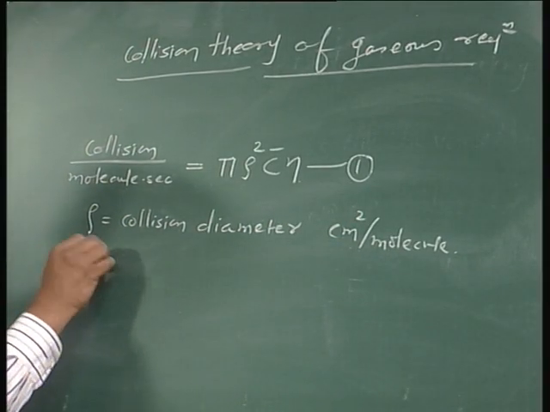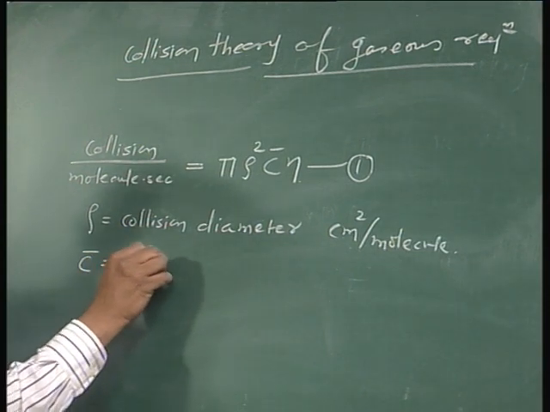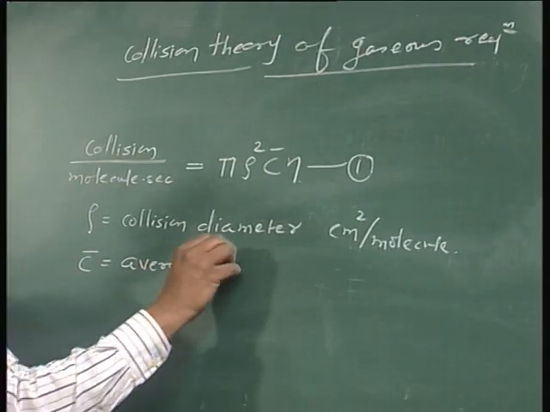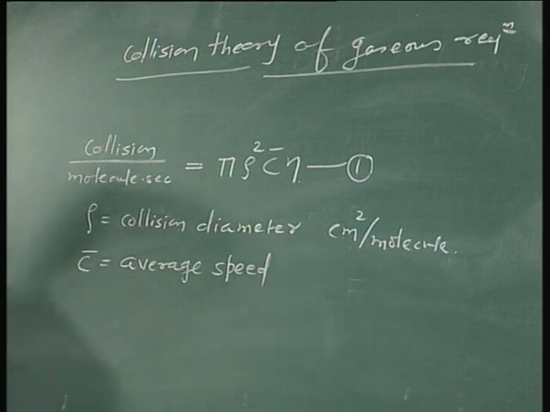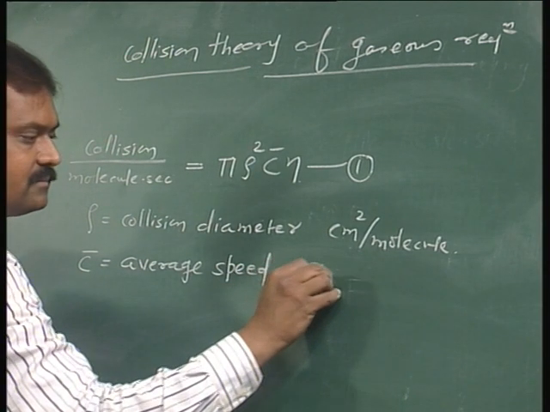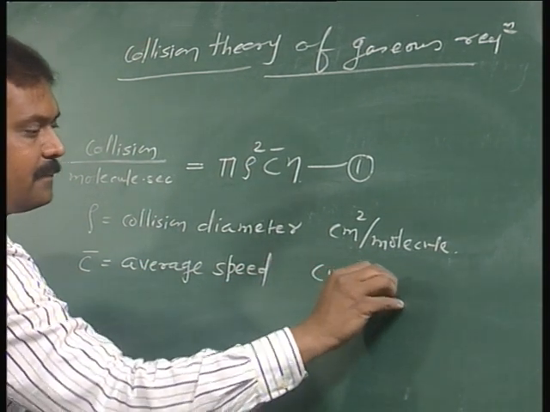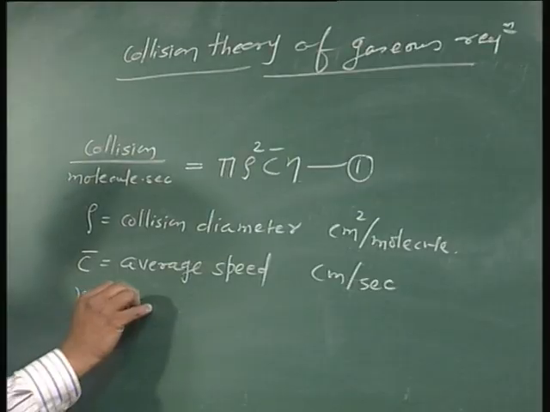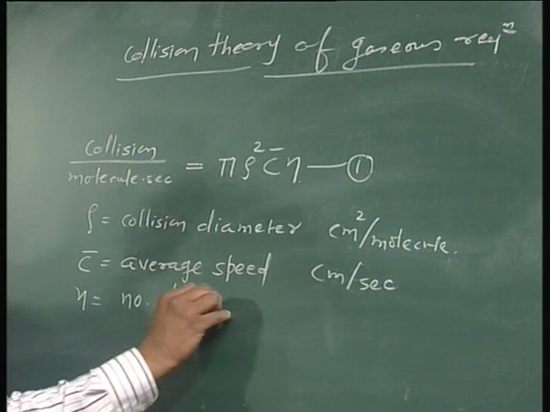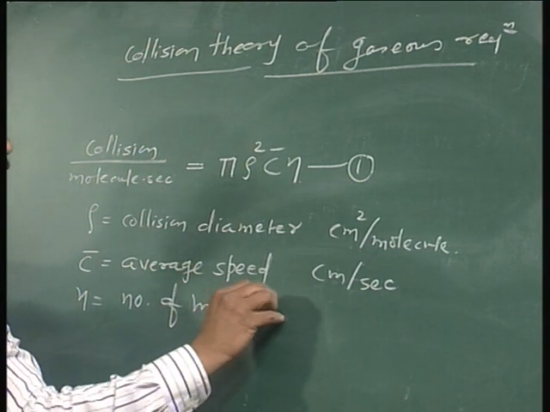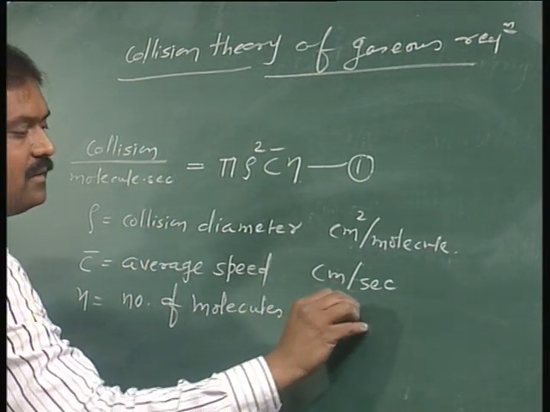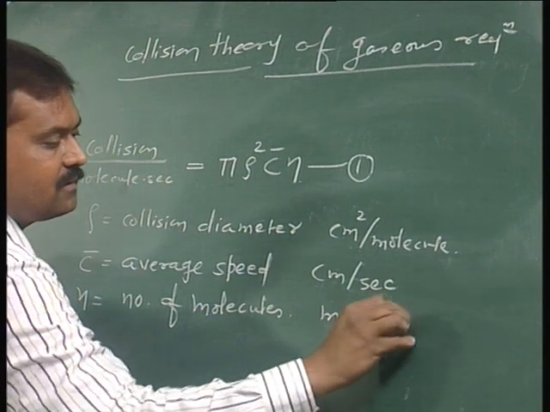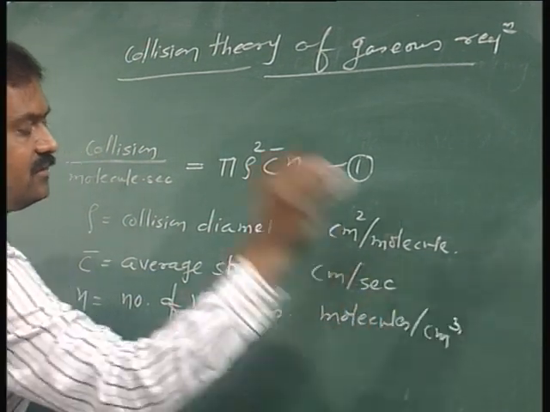The c bar is the average speed, and it is in centimeter per second. n is the number of molecules, that is molecules per centimeter cube.